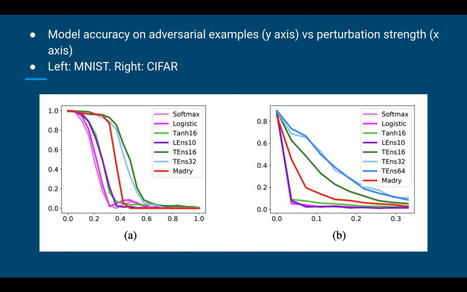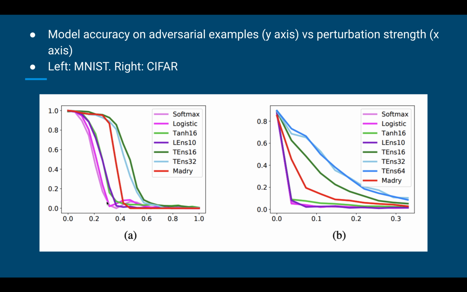Okay, so here are more plots showing model accuracy on adversarial examples on the y-axis versus perturbation strength on the x-axis. The left plot is generated on the MNIST dataset, and the right plot is generated on the CIFAR dataset. We can see here that the softmax model using one hot encoding and softmax decoding degrades, its performance degrades at a much lower perturbation strength than the 1016 model.